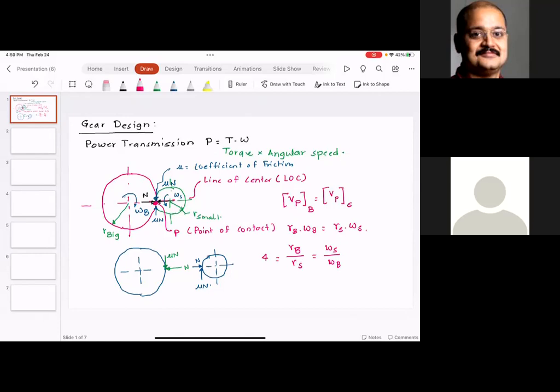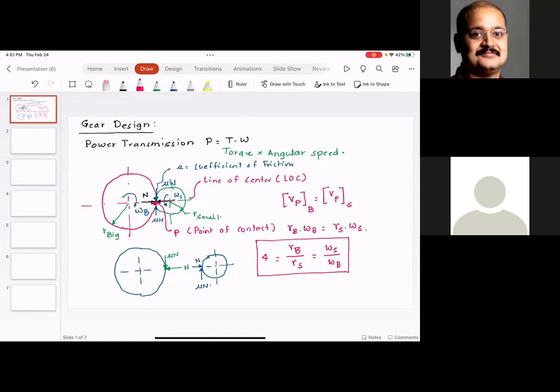And this 4 is called the reduction ratio. What that means is the ratio of the speeds between the angular velocity of the big wheel and the angular velocity of the small wheel. So please understand, this is a very, very important equation in the case of friction wheels.